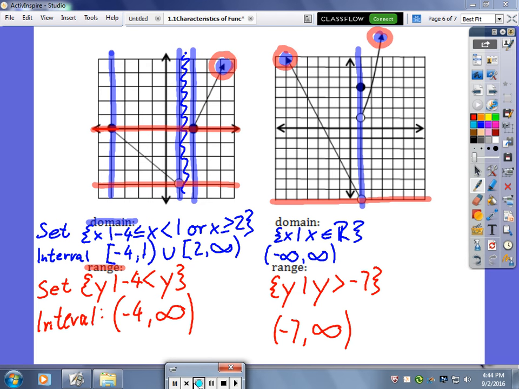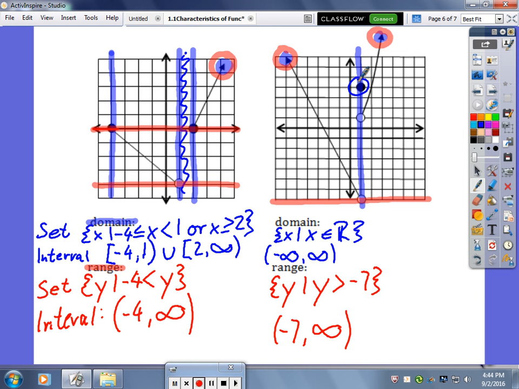Hopefully you came up with the same solution as I did. The domain is x such that x is an element of the real numbers. Even though we have two open circles at the same value, we also have a closed circle, and that closed circle closes the gap, so there is no discontinuous domain.